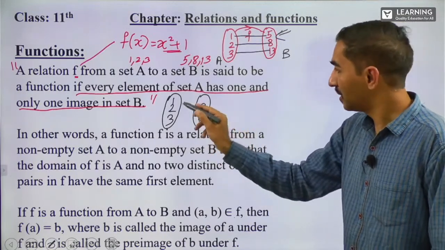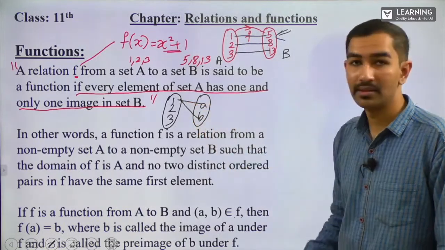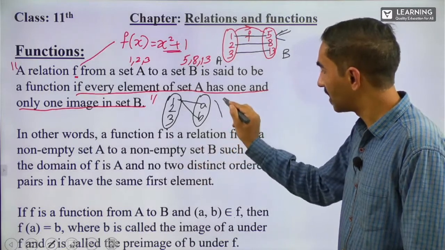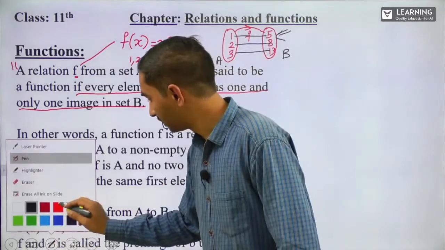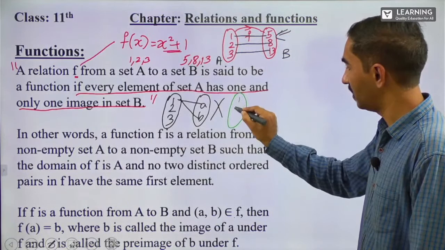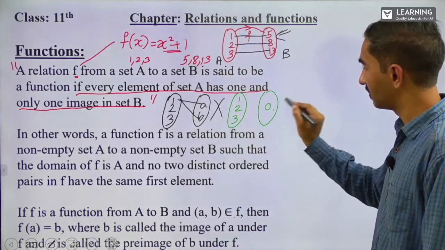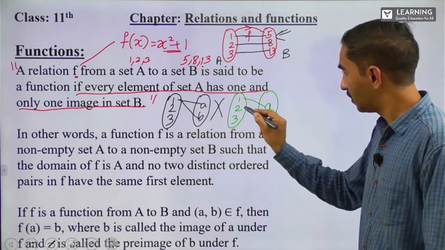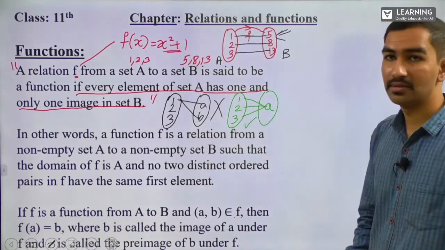So if suppose 1 equals A and 1 equals B, if it is happening like this, then it is not called a function. But see this another one. If suppose here we have 1, 2, 3 and here we have only A. 1 is tending towards A, 2 is also equal to A, 3 is also equal to A. This is called a function.